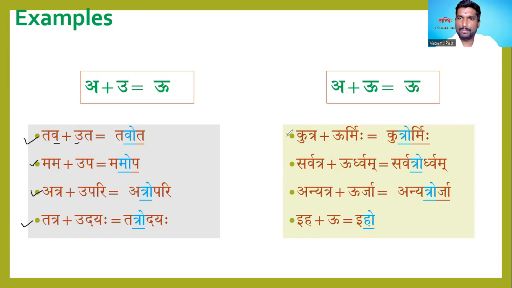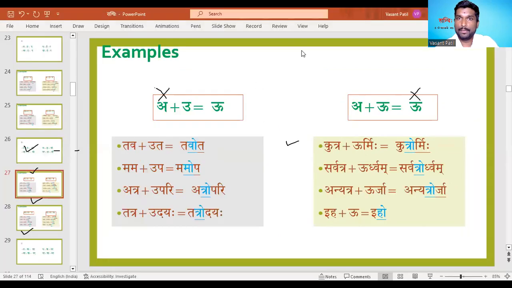Simple. Now a plus ū will become o only, not ū. Okay, there is some correction, let me make that correction. It will become o. So kutra plus urmi, because u plus u will become ū, but here kutra plus urmi, kutrormi.